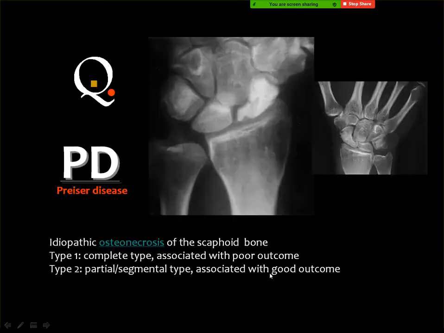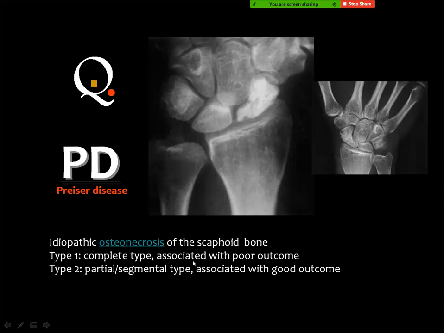Avascular necrosis of the scaphoid. Yes, this is avascular necrosis of the scaphoid, and we have two types: avascular necrosis secondary to trauma, and avascular necrosis without trauma, which is known as Preiser disease. Preiser disease has two types.